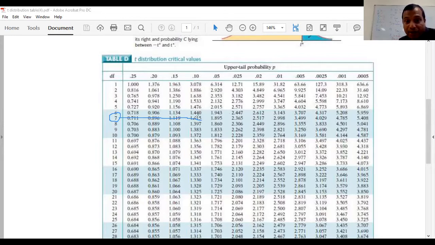So 1.398 is almost 1.4, which is closer to the value 1.415. And now you go to the top, you will see the probability value 0.10. Did you get this number 0.10? Yeah. All of you?